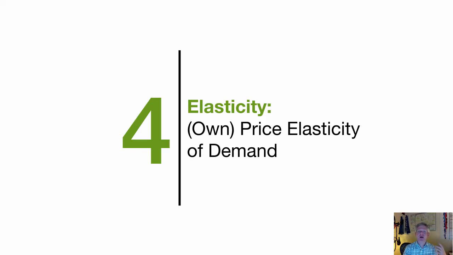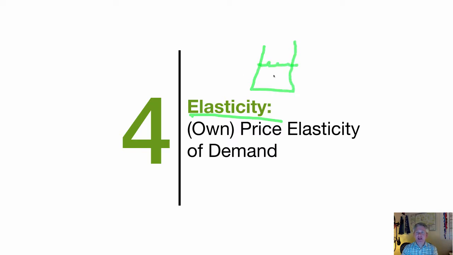All right. So this chapter is going to introduce us to a concept called elasticity. And elasticity basically is a measure of how big of a change something is. So you could think of, say, a glass of water.